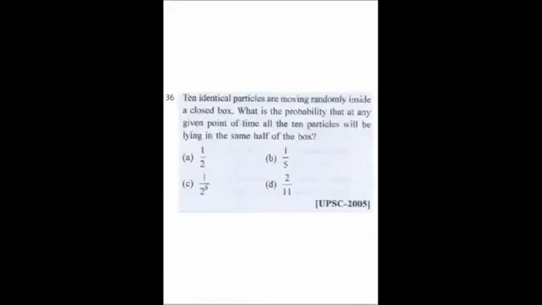10 identical particles are moving randomly inside a closed box. What is the probability that at any given point of time all the 10 particles will be lying in the same half of the box? Because two halves are there in the box, one particle may lie here and may lie here, so the probability is 1 by 2. And because 10 particles are there, and they are lying in the first half or the second half, so 1 by 2 to the power 10, and for the second half 1 by 2 to the power 10.